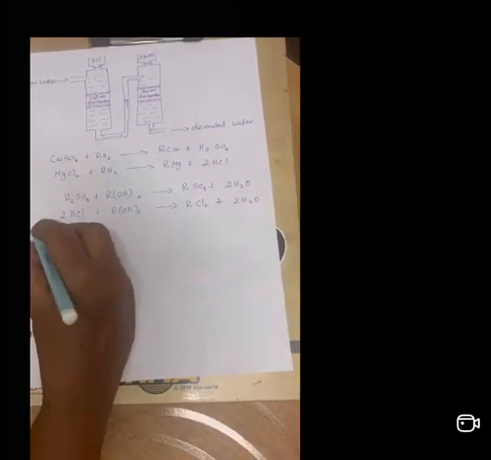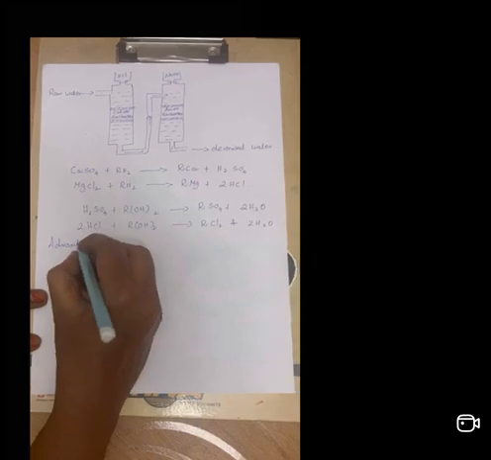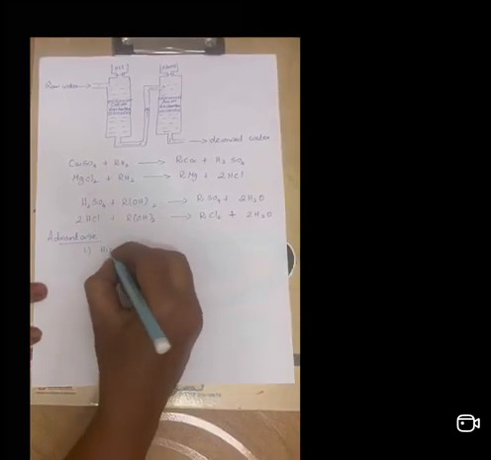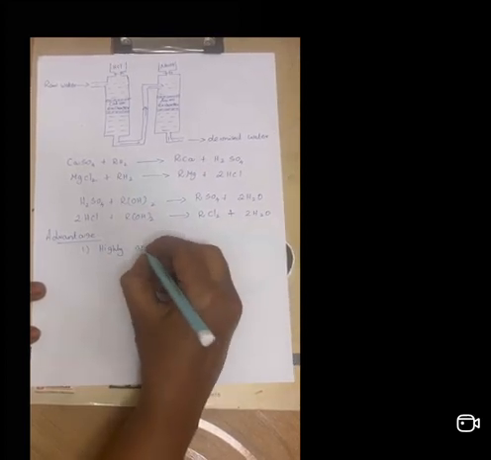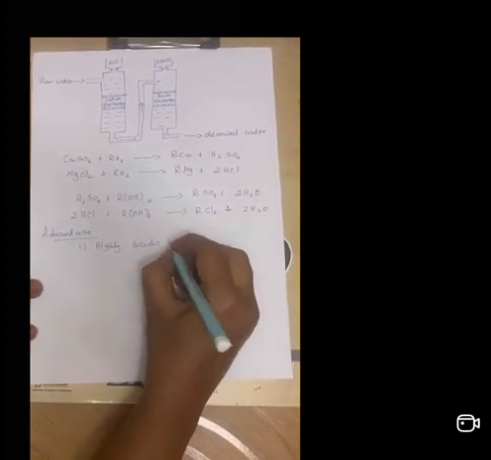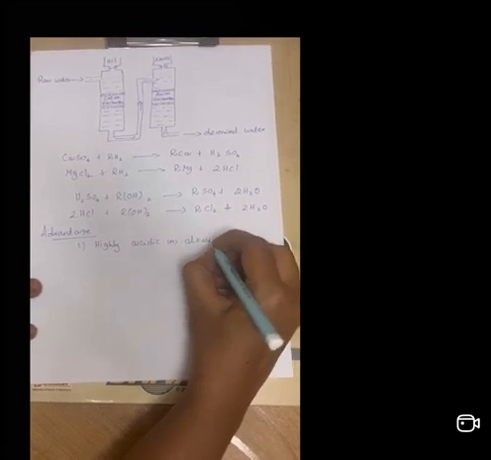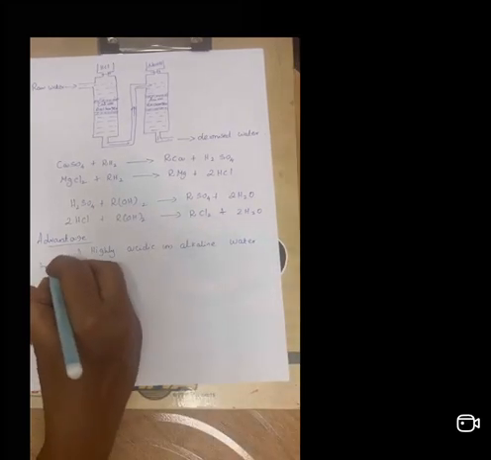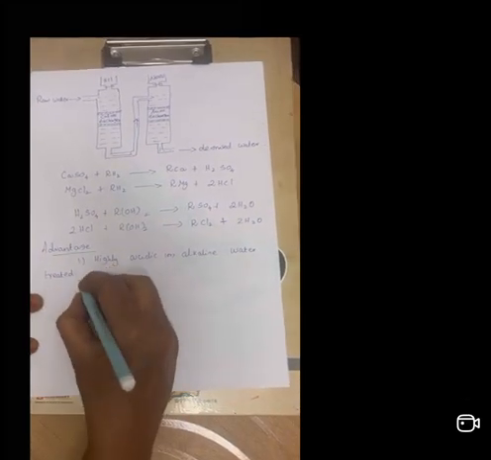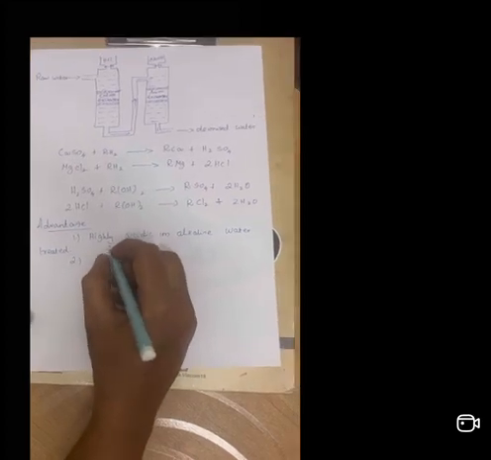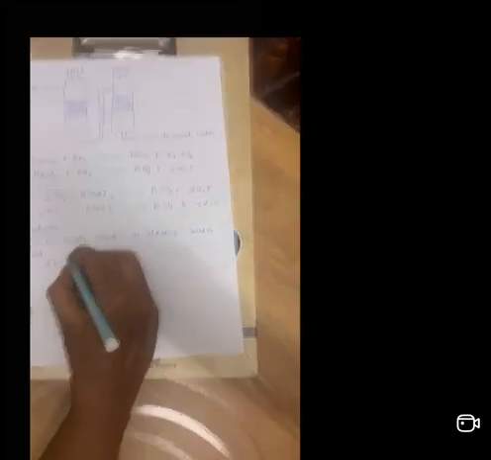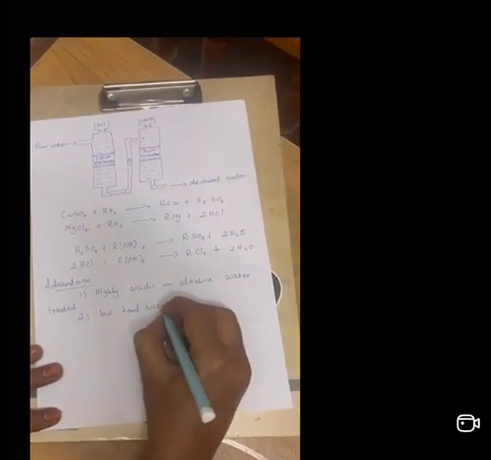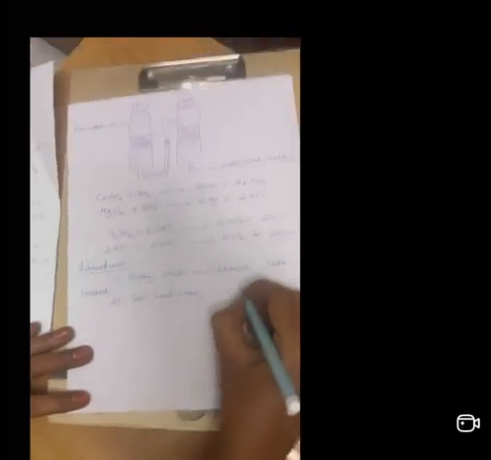So advantages of this method. So highly acidic and highly alkaline water can be treated. So the water obtained by this process will be of very low hardness, that is less than 2 ppm.